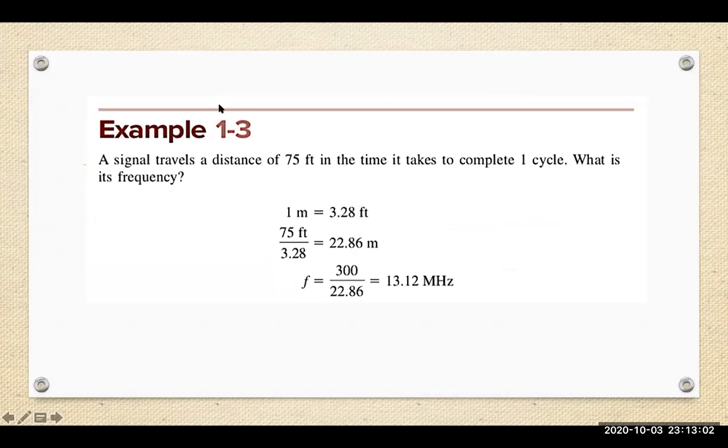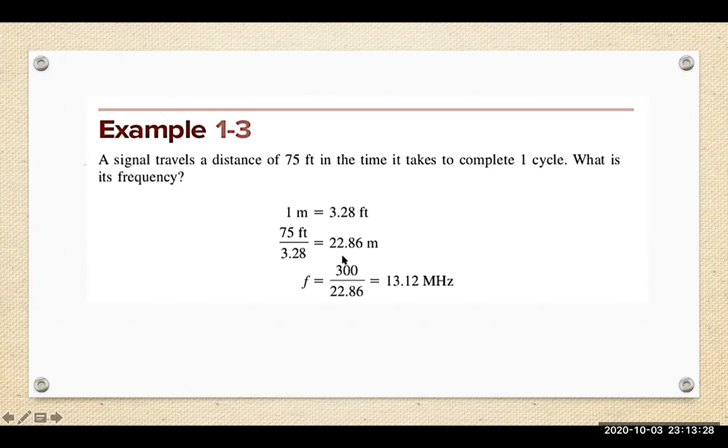Example 1-3. A signal travels a distance of 75 feet in the time it takes to complete one cycle. So what is its frequency? Okay, so we can use a conversion here since the given distance is in feet. So recall the conversion, 1 meter is equal to 3.28 feet.